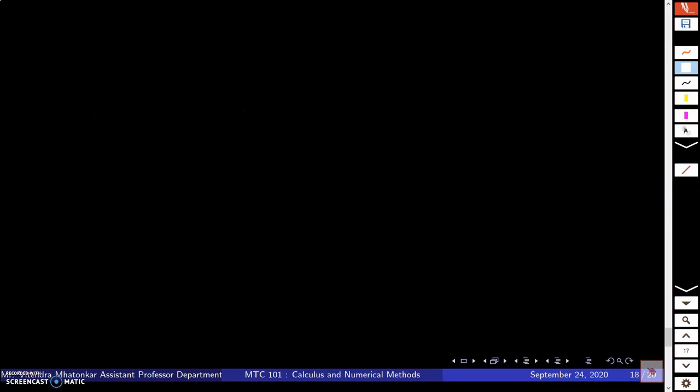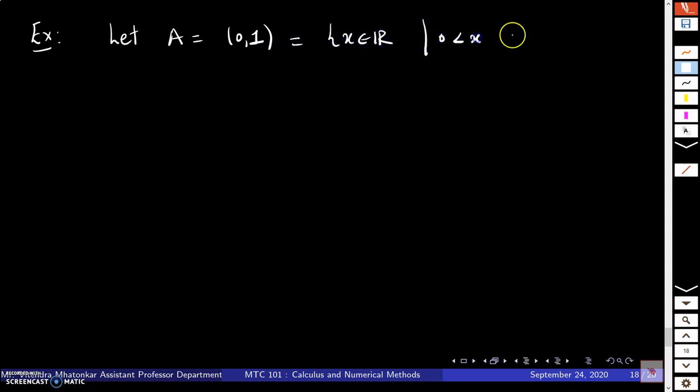Now let me take one set A. Let A be equal to the open interval (0, 1). This is all the real numbers which are strictly between 0 and 1. You are all familiar with this set now, and we know that 0 is a lower bound of this.